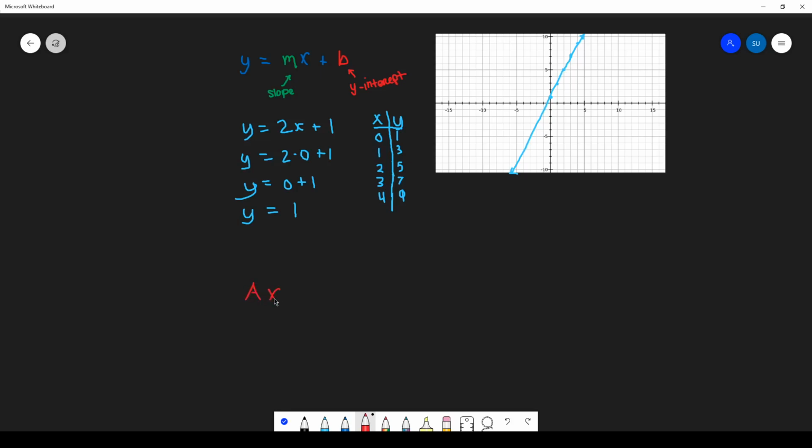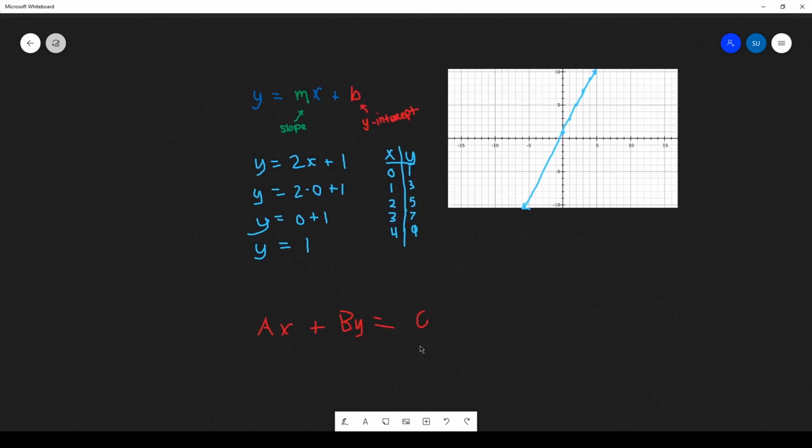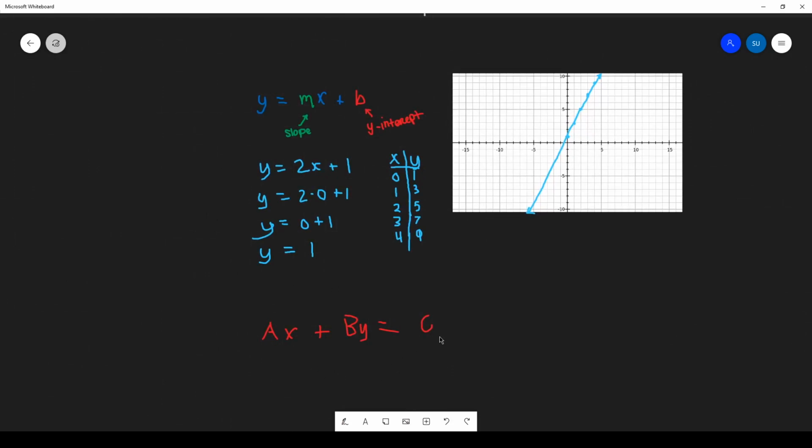ax plus by equals c, right? And you can start to see that you can really convert one form of linear equation into another form of linear equation.